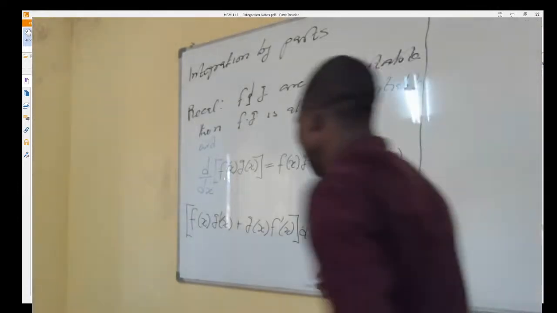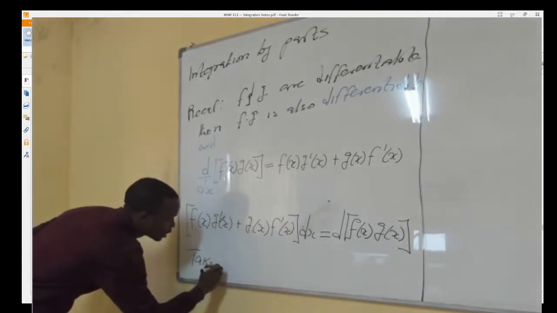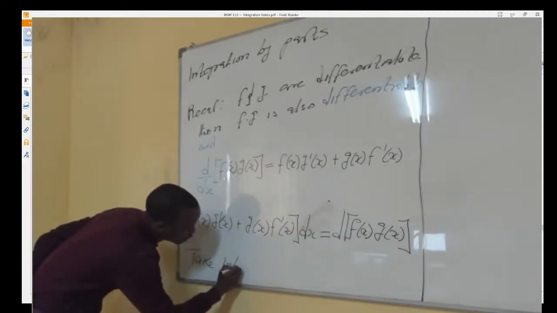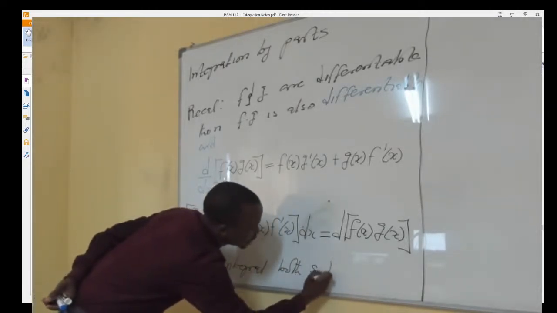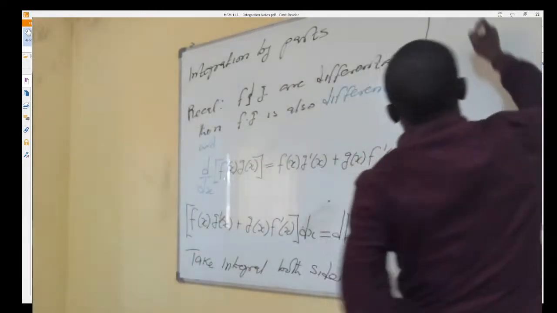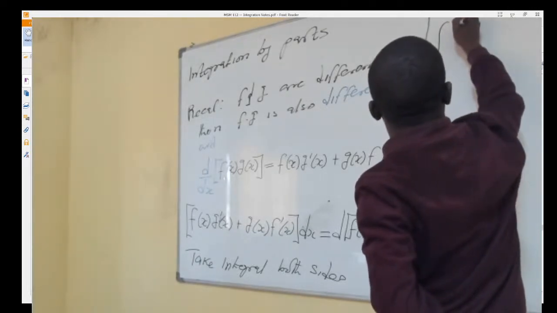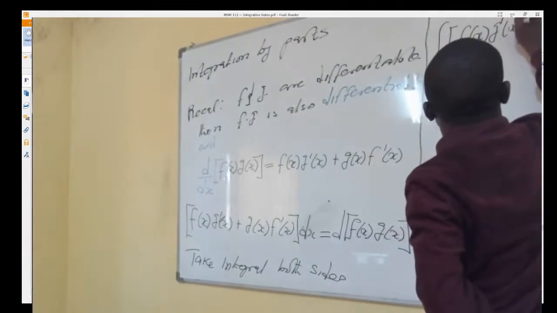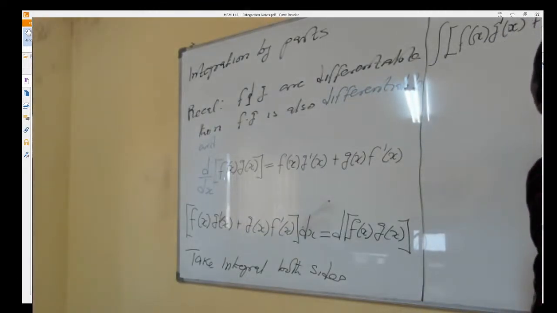Now, if we integrate both sides, taking integrals on both sides, what we have is the integral of f of x times g prime of x plus g of x times f prime of x, dx.